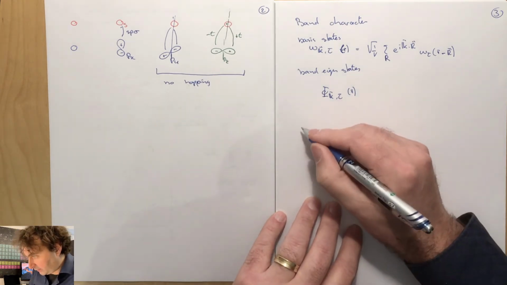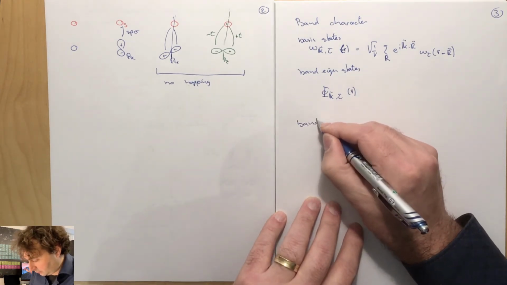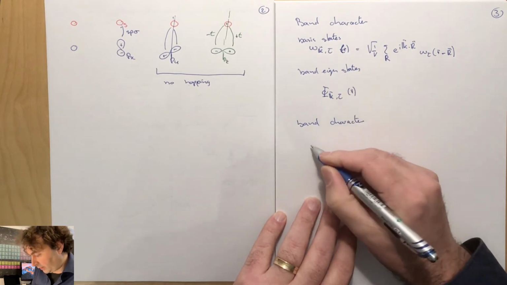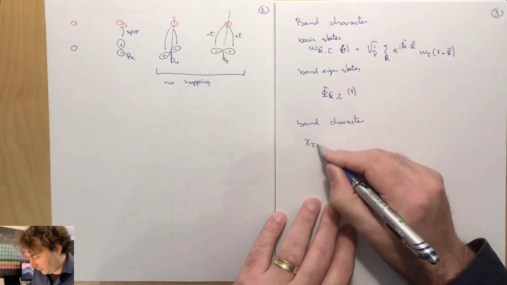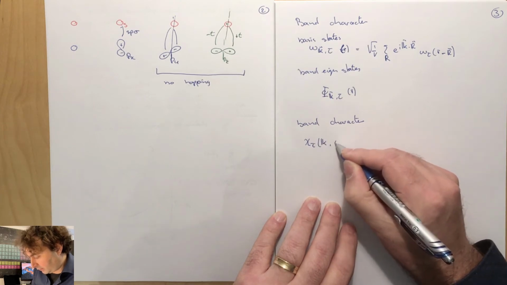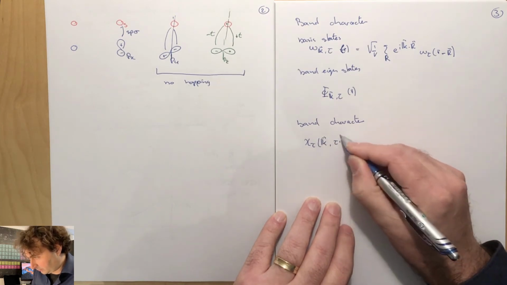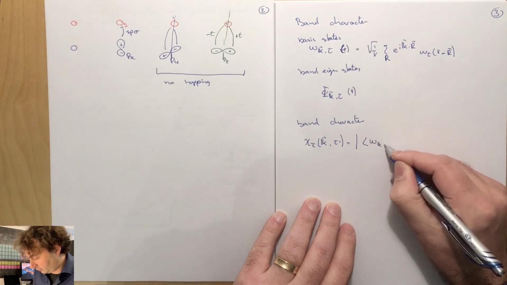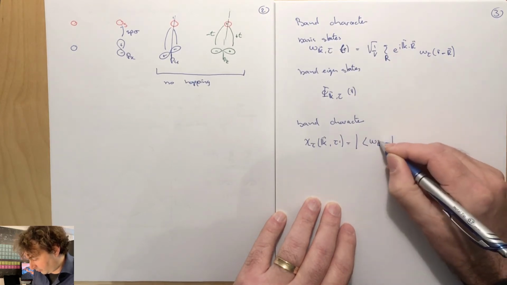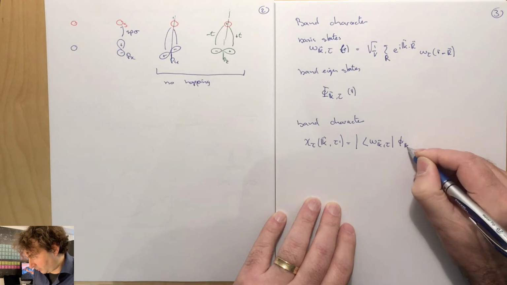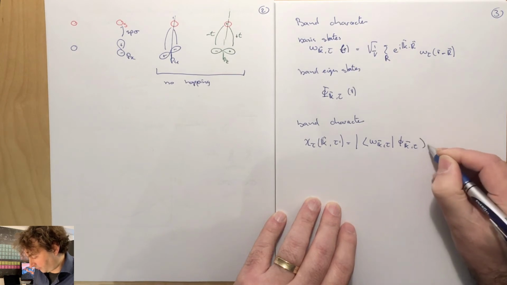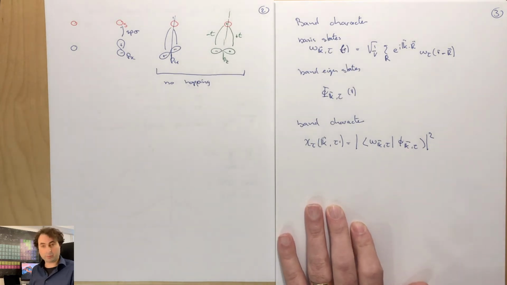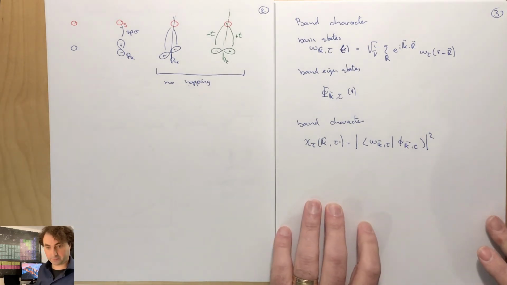The band character is now defined as the overlap between the eigenstate and the basis function: how much of each basis function contributes to the eigenstate.